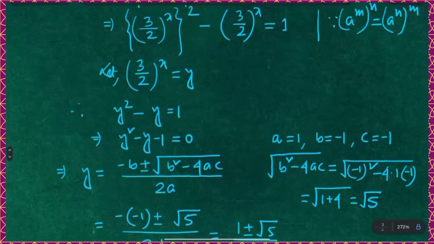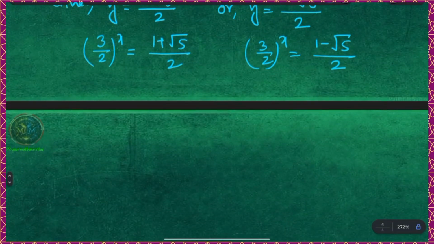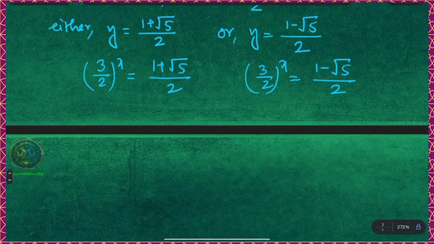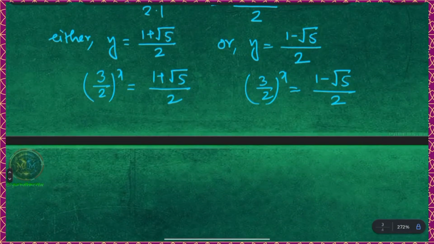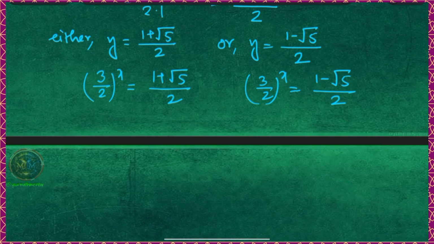Since 3 by 2 is always positive, (3 by 2) whole to the power x is also positive.